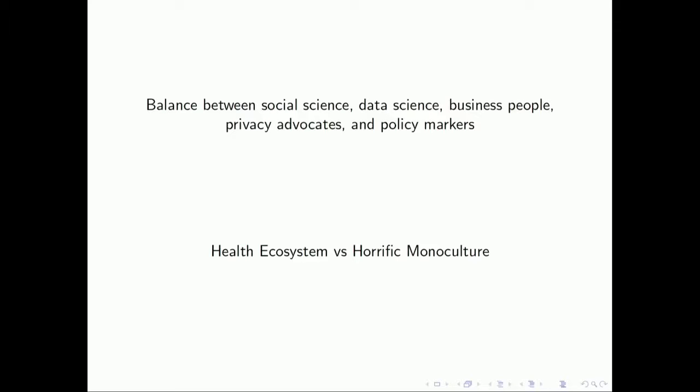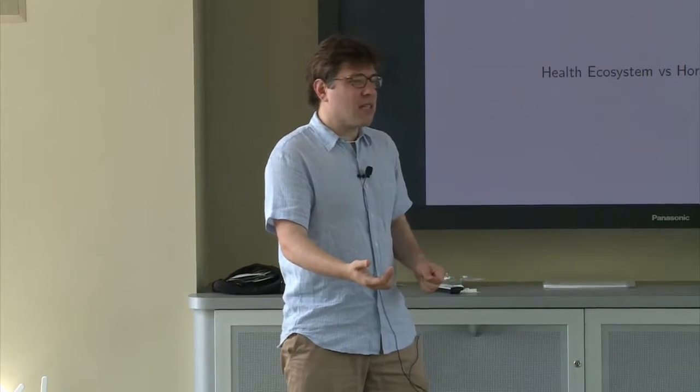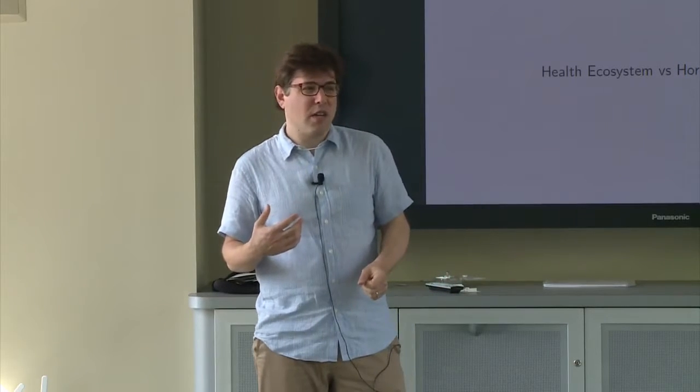If data scientists are not involved, then many of the capabilities of this data will not be used successfully. And if social scientists are not involved, I think there's a great chance that not the most important and interesting questions will be asked, and not the right conclusions will be drawn.